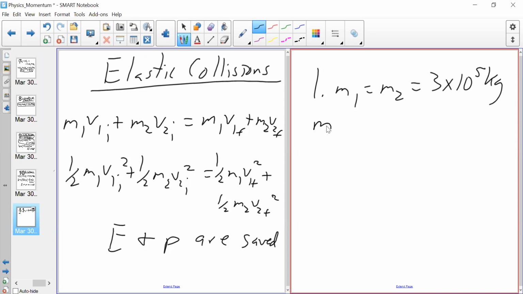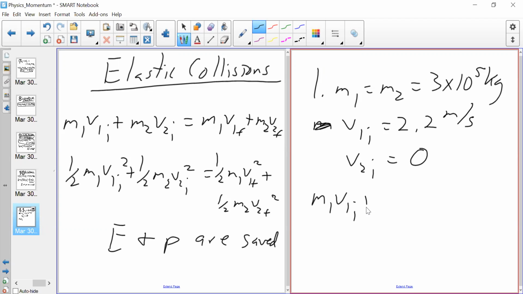Let's say that the first car was initially moving at 2.2 meters per second. The other one initially was at rest. So you want to find the final speed. So we're going to use the perfectly inelastic equation.